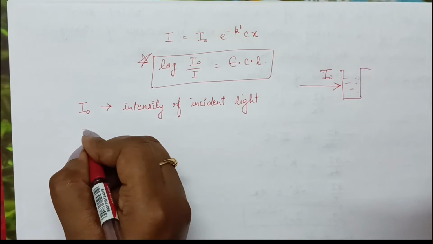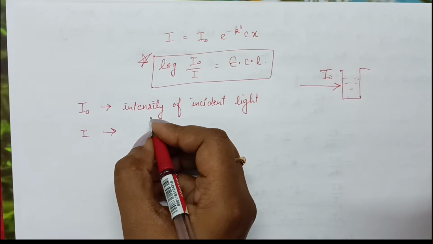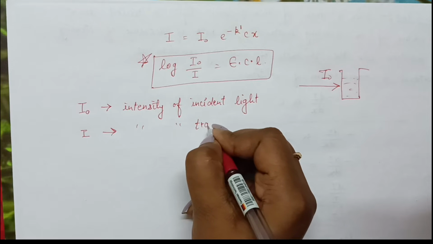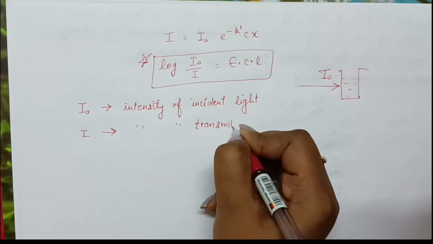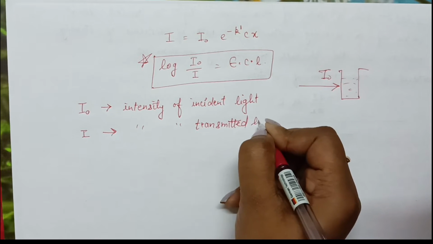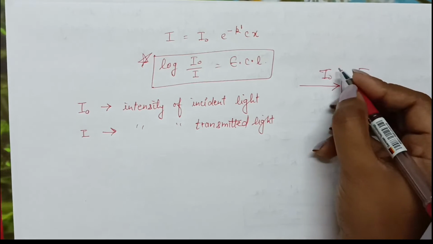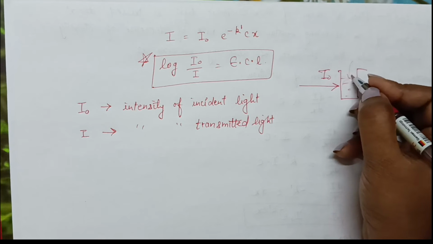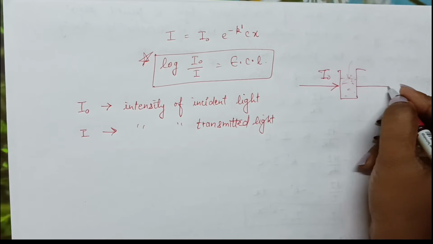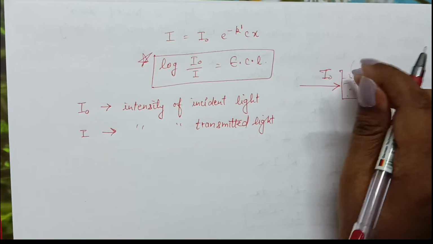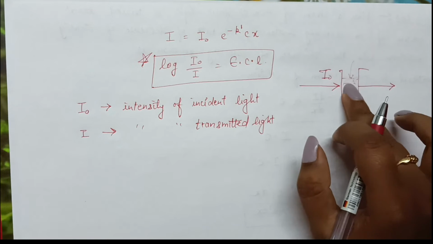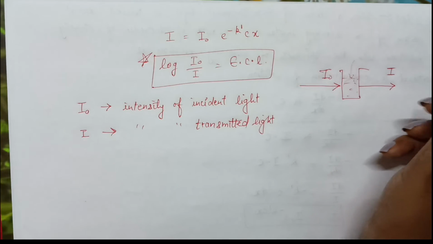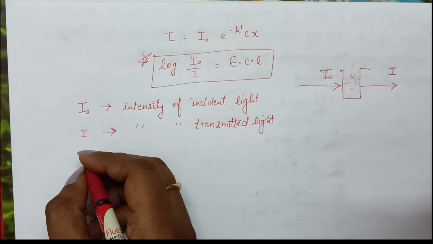After this, I will be the intensity of transmitted light. When this incident light goes through the solution, some part will be absorbed and the remaining part will be transmitted. So the part which is transmitted after this absorption process will be the transmitted light, that will be I.